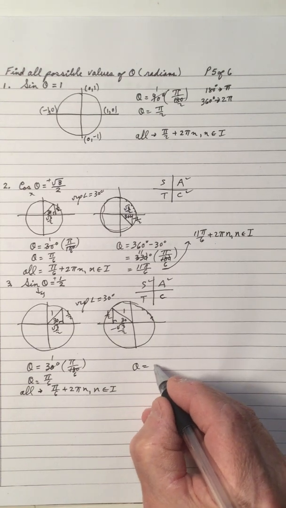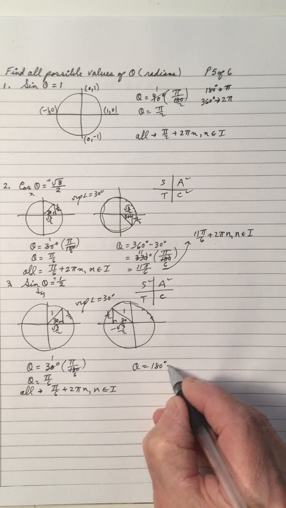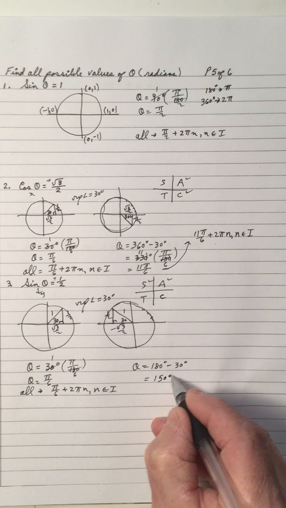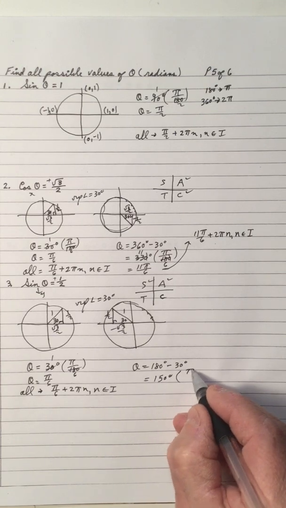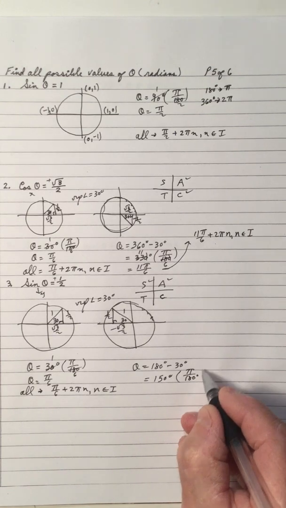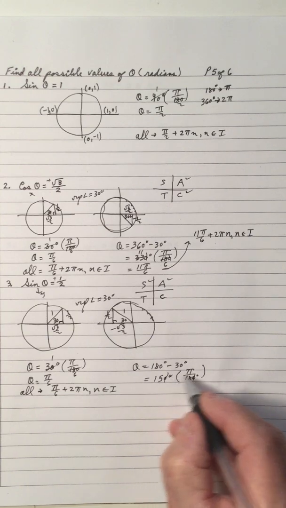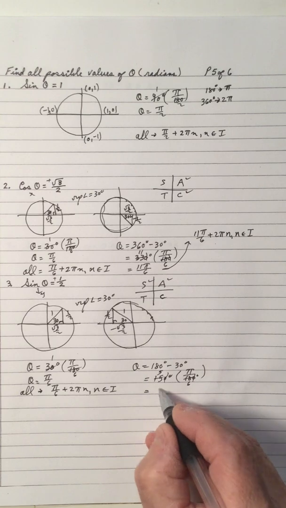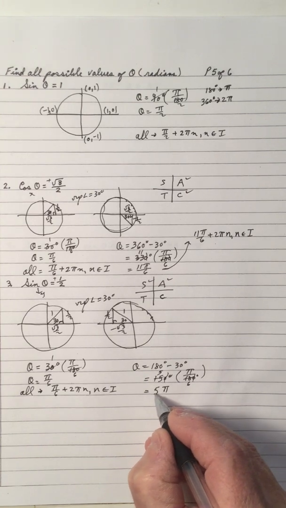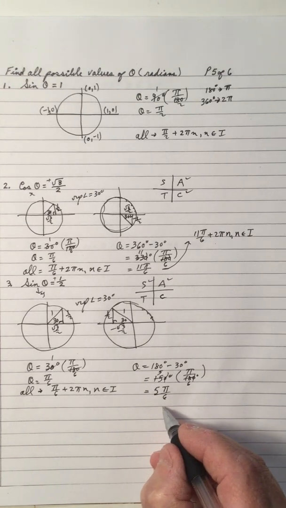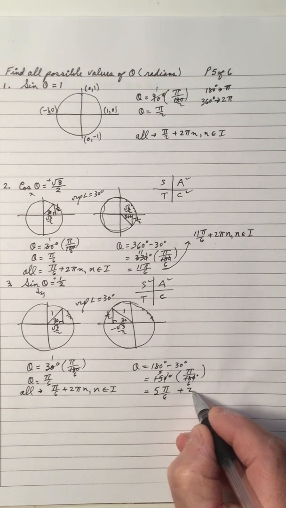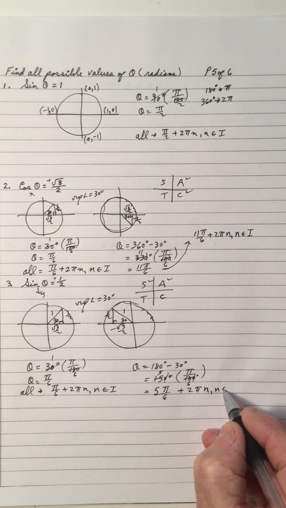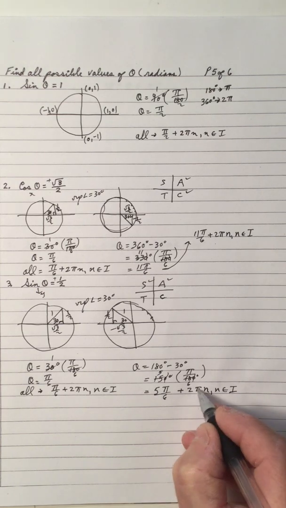Theta is 180 minus the reference angle, so that's 150 degrees. And 150 degrees is multiplied by pi over 180. 10 cancels. 3 into 18 goes 6. 3 into 15 goes 5. So that's 5 pi over 6. And we want all of them. So we'll add on 2 pi n, where n belongs to the integers.